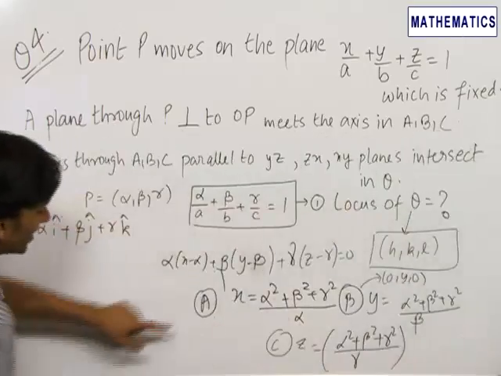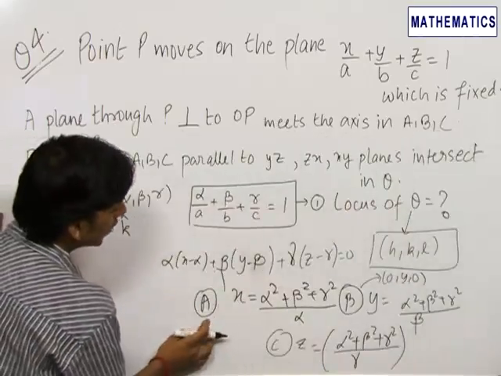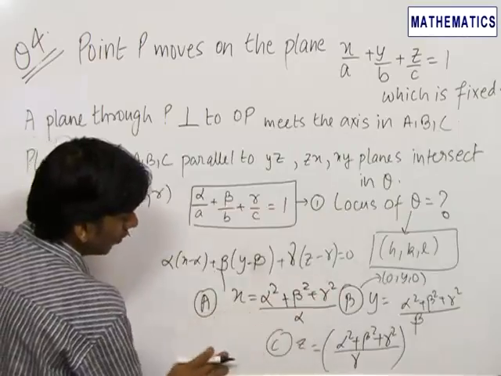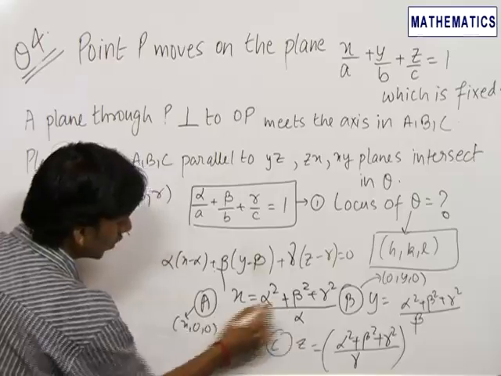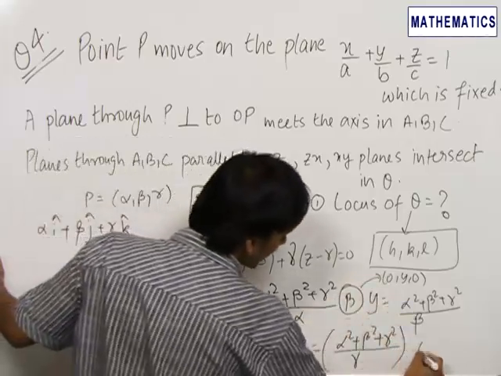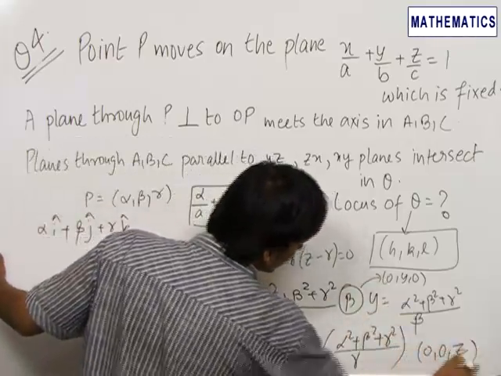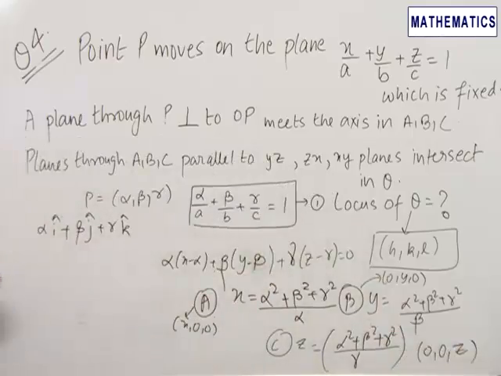So we get our 3 points A, B and C. A is x comma 0 comma 0, where x is equal to this quantity. B is 0 comma y comma 0 and C is 0 comma 0 comma z. These are the 3 points.